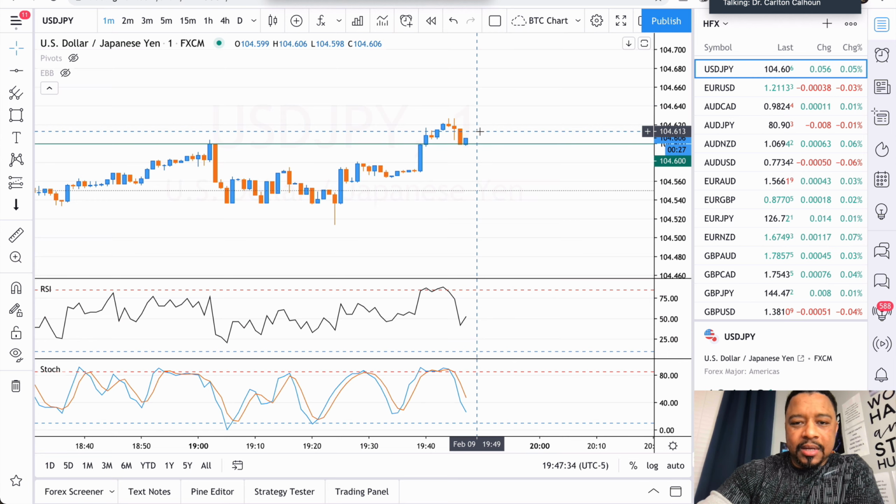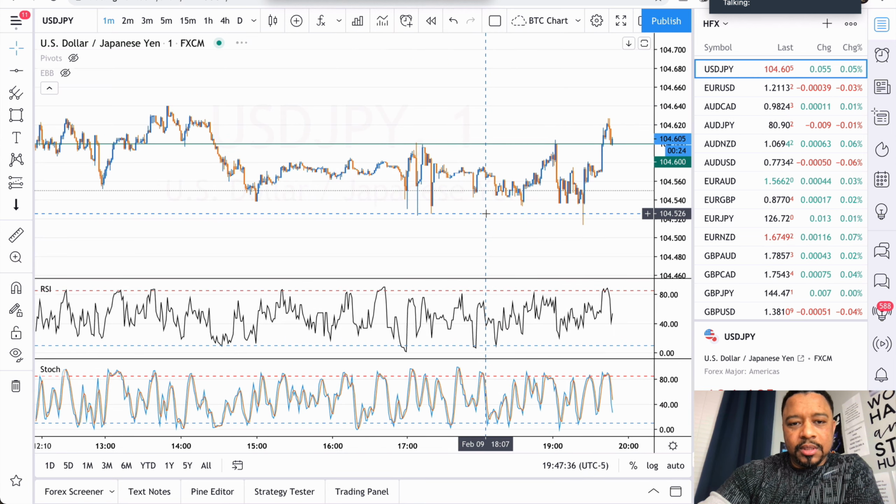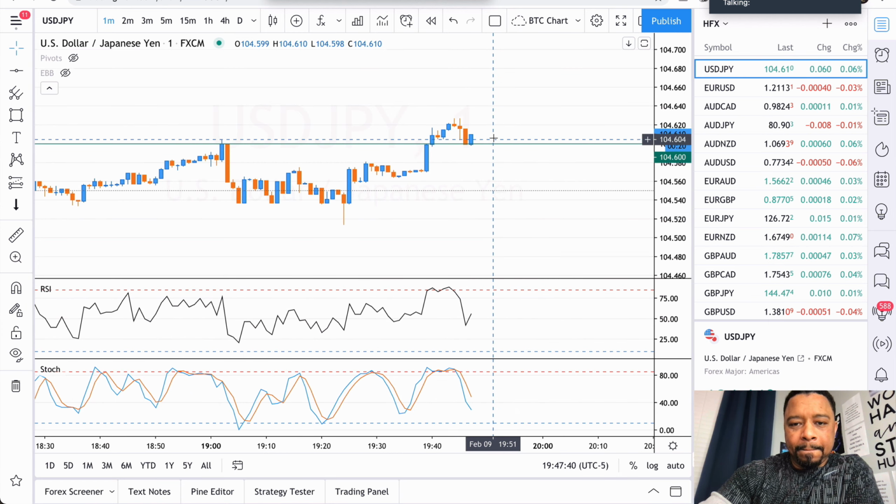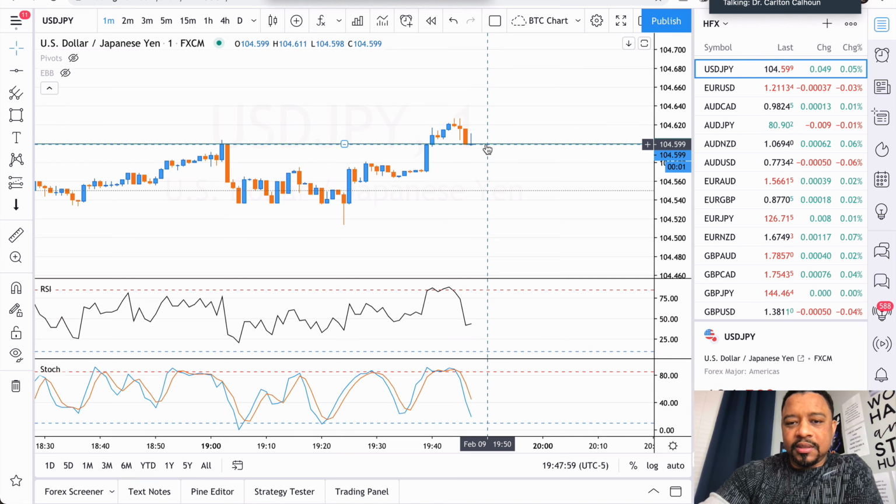Let it come back. If it doesn't break 621, when this ticker stops, there's a put. Let's see what the next candle is. That's what I was looking for right there.